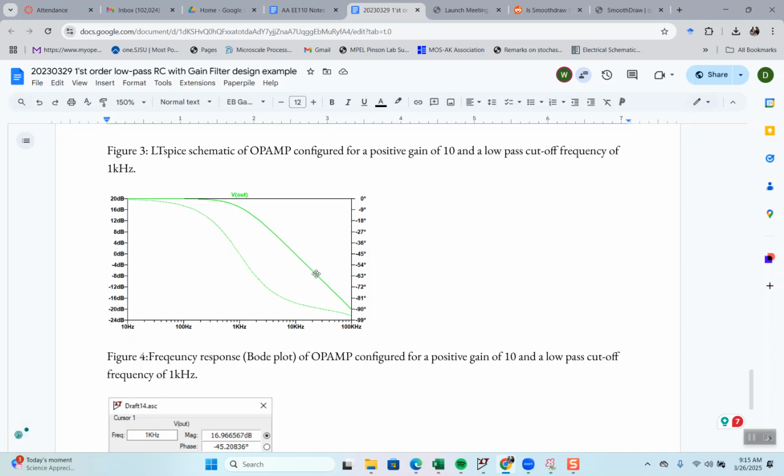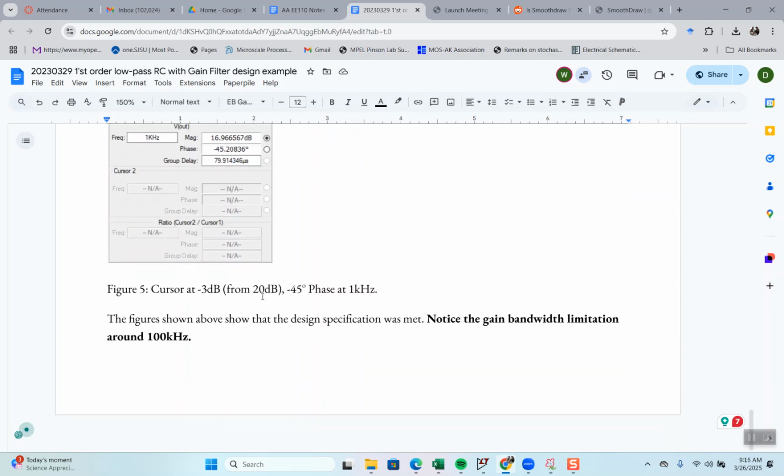Now, sure, this slope, if you were to measure it, would still be minus 20 dB per decade, but note right in here, something's happening, and it's a gain bandwidth limitation. Or you could just say that an op amp has poles and zeros. It has poles that are usually out of your range of operation, but you can see what's going on.